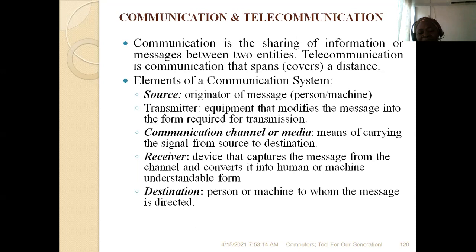Then the receiver is your own device, whether it is your phone, your laptop, or a desktop. It will capture this message that has been transmitted over the internet, and transform it into a form you can understand. Then the destination is the person or machine to whom the message is directed.